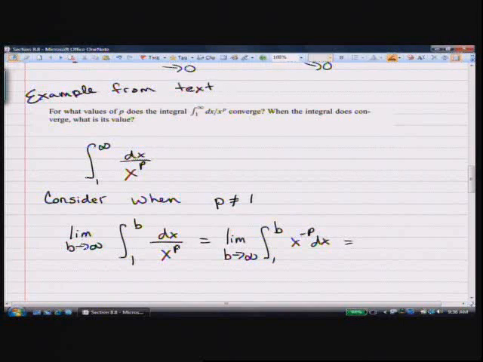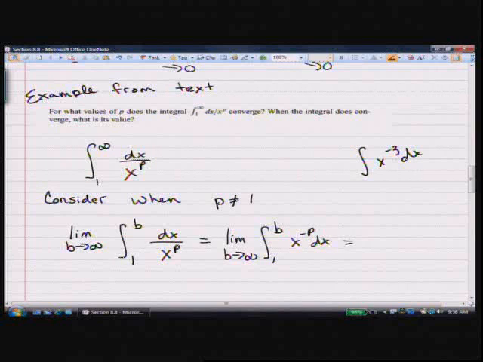So if it was negative 2 or negative 3, it would be 1 over negative 3 plus 1. Just say it was x to the negative 3 dx. What's the antiderivative of that?